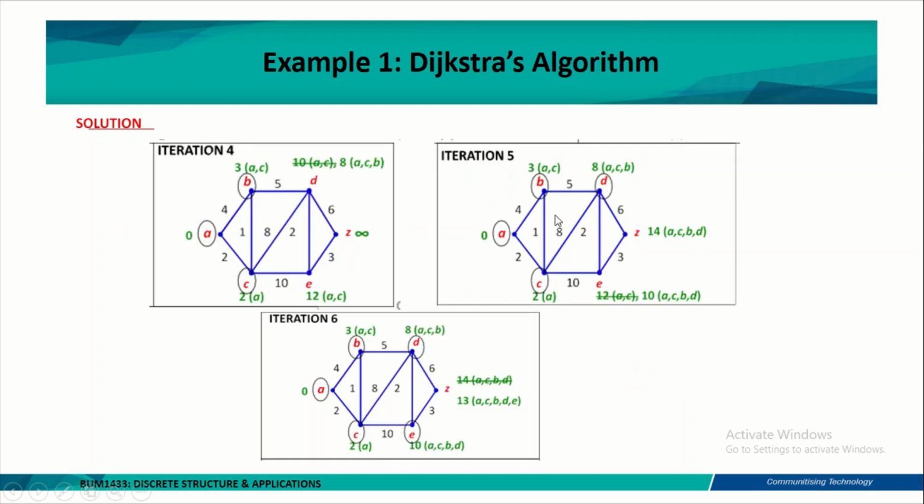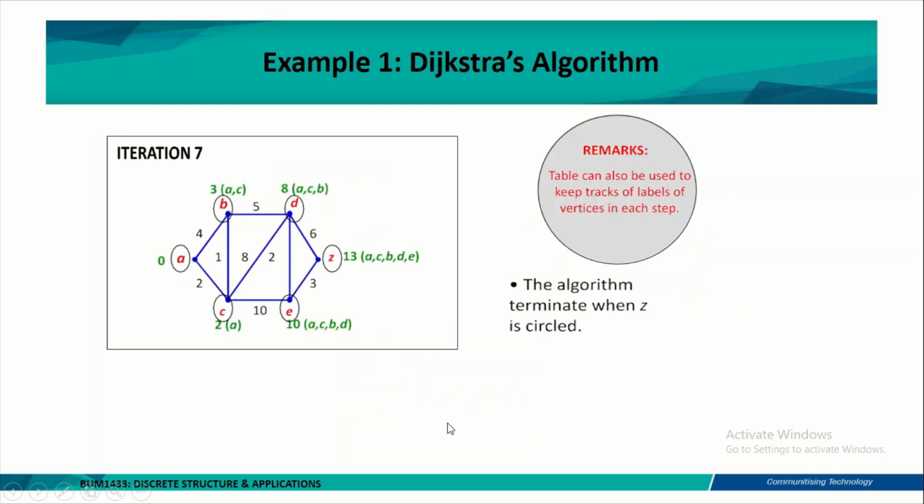In iteration 4, we have B as the current node, and we follow the steps from step 3 until the end. In iteration 5, we have D as the current node, and in iteration 6, we have E. Until the last, the algorithm will terminate when Z is circled. At Z, we can see 13 with ACBDE.